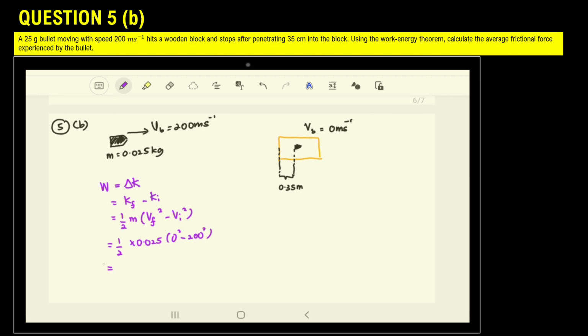So the answer here will be negative 500 joule. Why is it negative? The negative sign shows us that the work is done by the bullet against the frictional force.